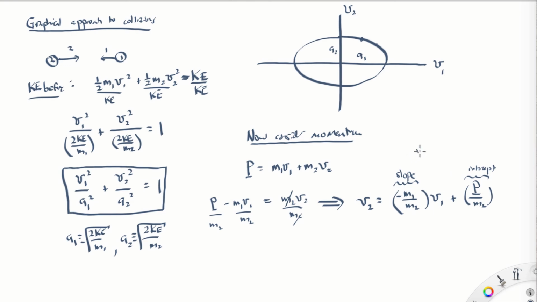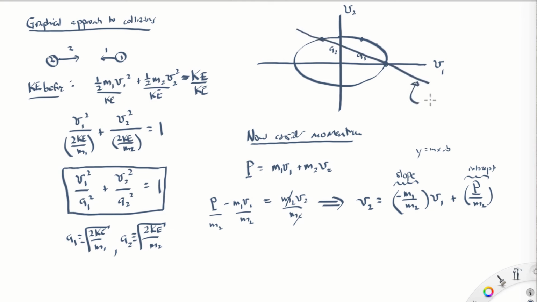So this looks kind of like y equals mx plus b, right? Where v2 would be on the y-axis, v1 would be the x-axis, this would be the intercept, and this would be the slope. Okay, and in our particular case, if we plugged in our numbers, we would find that this is the equation of a line that looks like this.